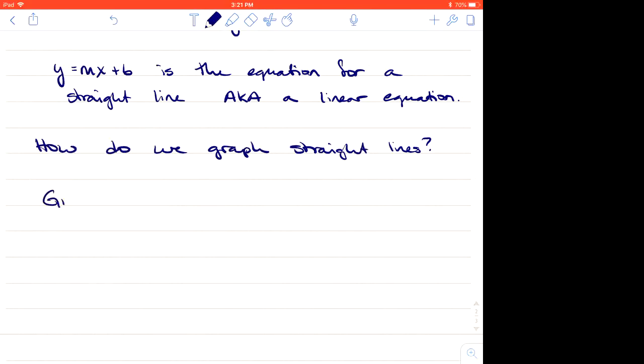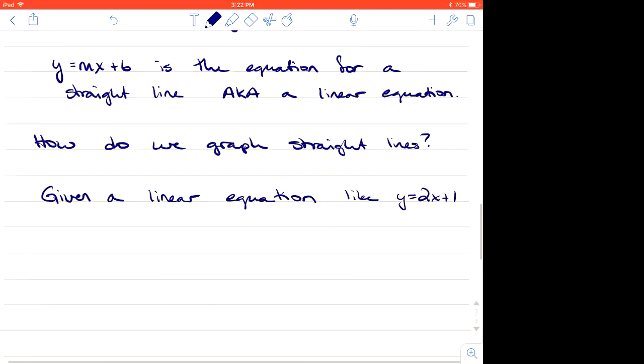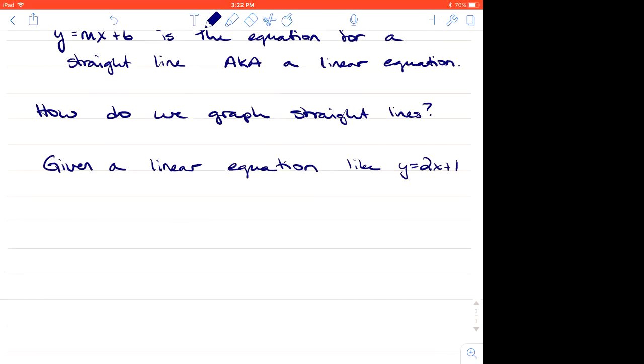Okay. So given a linear equation, we just talked about those, straight line, like y equals 2x plus 1. We'll keep it simple for just a little bit. We need to find 2 points on the line and then connect those 2 points with a straight edge.